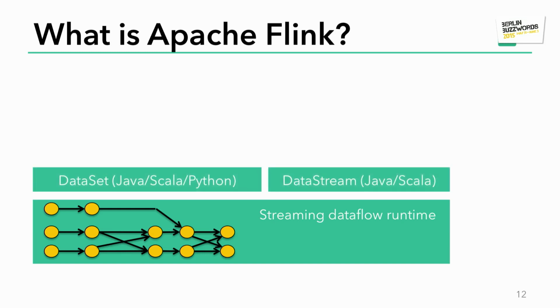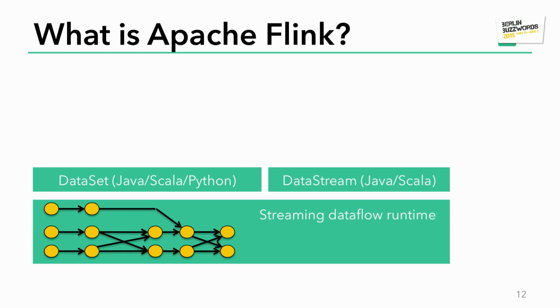In order to define these data flows, Apache Flink offers you one API for batch programs, the dataset API, which is available for Java, Scala, and Python, as well as a data stream API, which is available for Java and Scala.